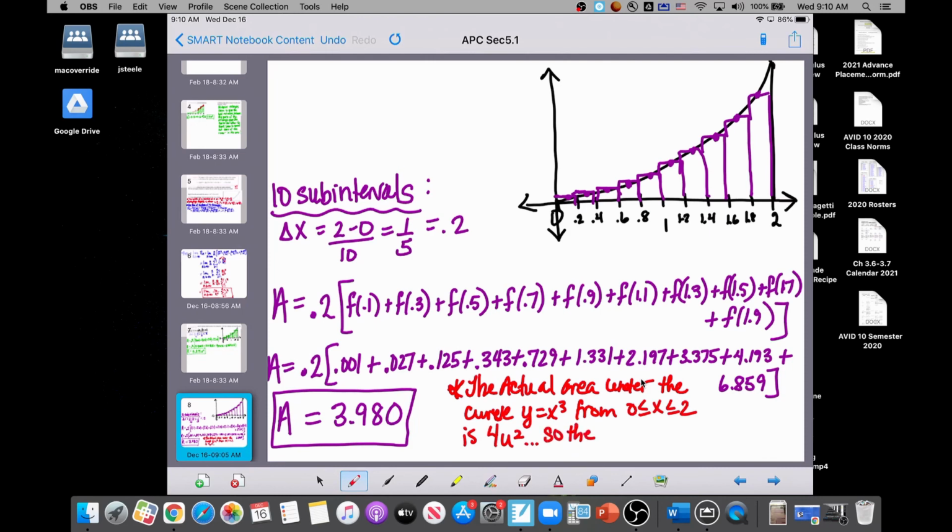So the more rectangles we use, the better our estimate for area. Okay, so just an important note to make. The more rectangles, the better, because that's the more accurate area under the curve.